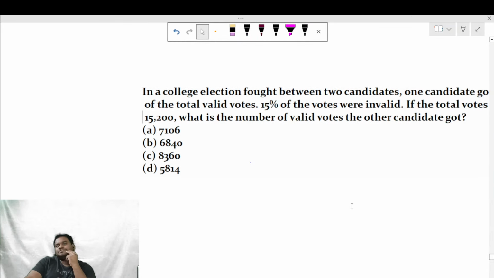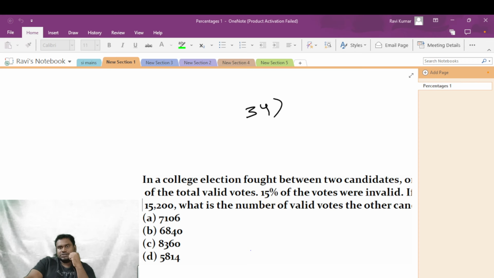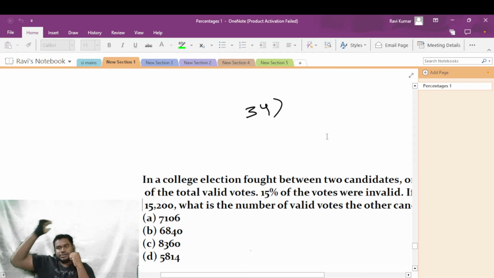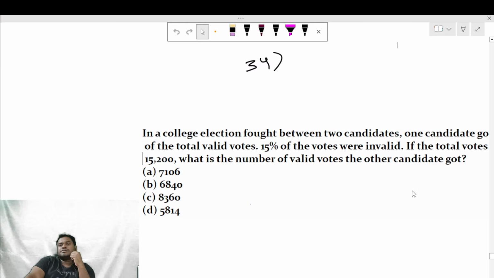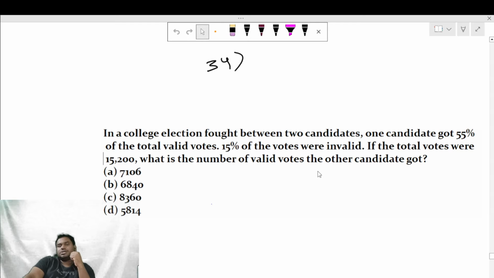In a college election fought between two candidates, one candidate got 55% of the total valid votes.